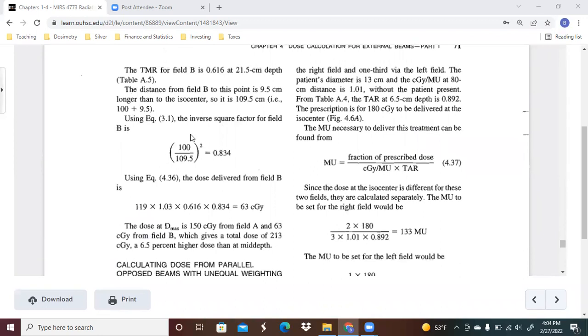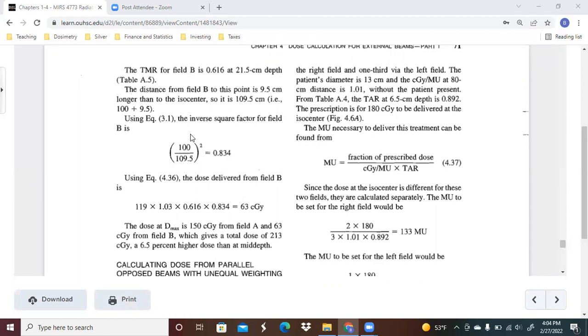So the TMR for field B is 0.616 at 21 and a half cm depth. The distance from field B to this point is 9.5 cm longer than to the isocenter, so it is at 109.5 cm.